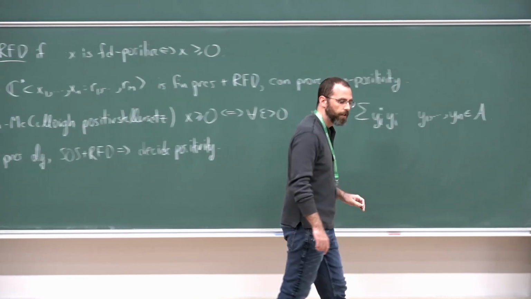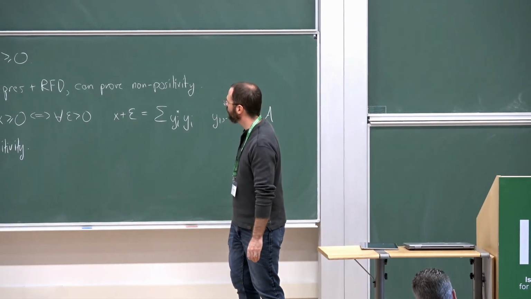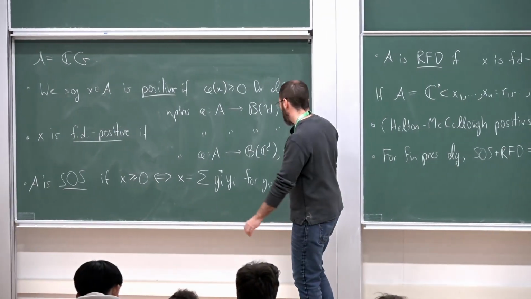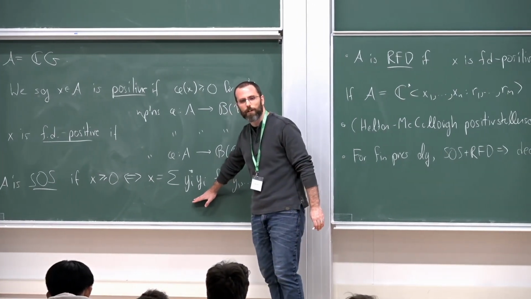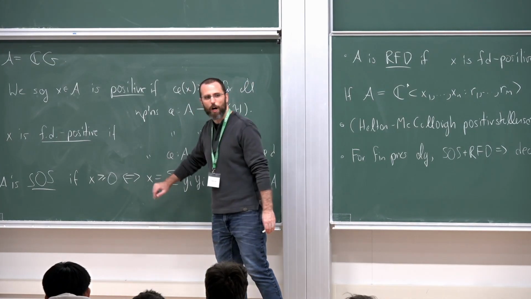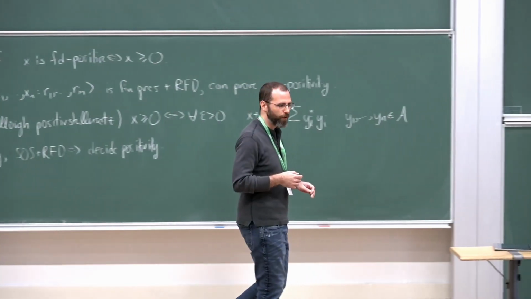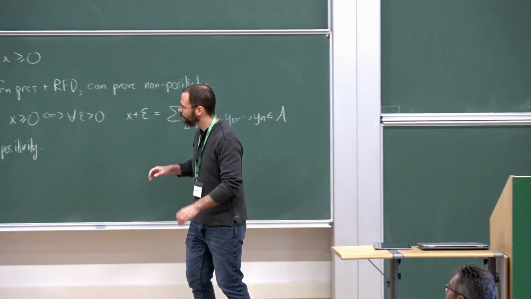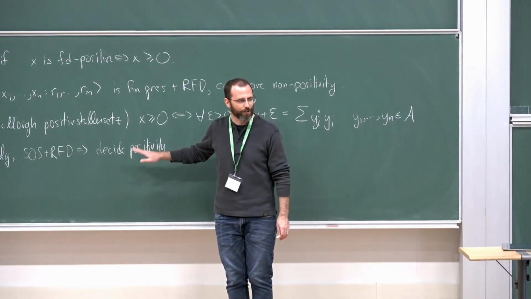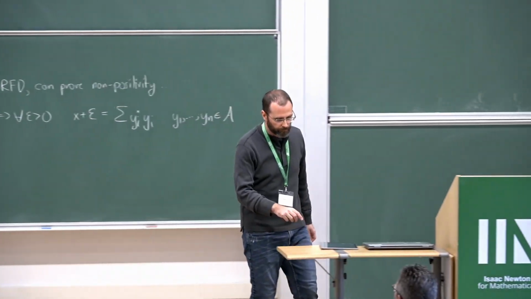And how do we do that? Given our element, we go through sum of squares decompositions and look for one to prove it's positive. At the same time, we go through representations and look for one where our operator is non-positive. One of those is eventually always going to terminate if we have these two properties. And whichever one terminates tells us whether our operator is positive or not.